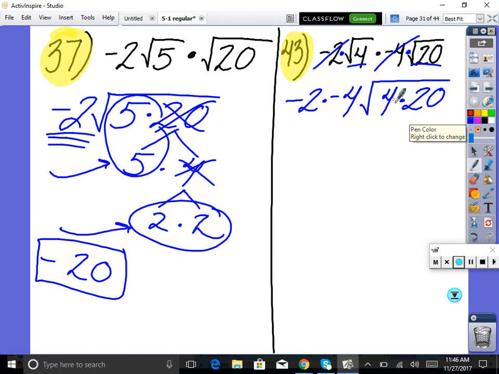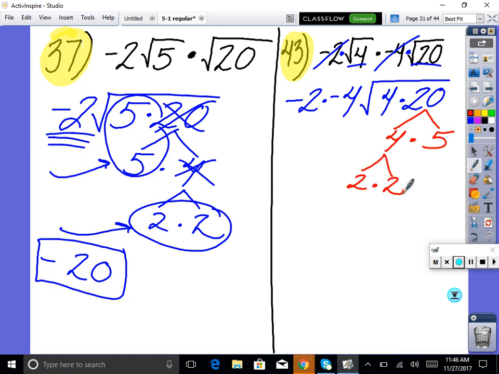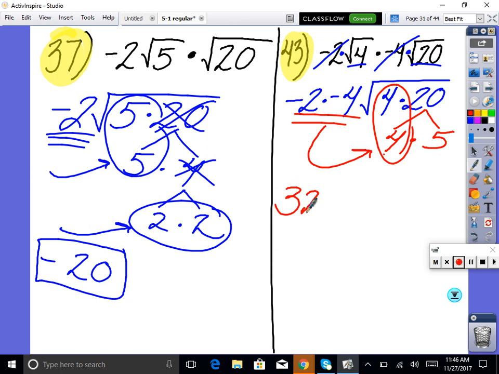Now, it would be unnecessary to actually do 4 times 20, but we could break 20 down into 4 times 5. 4 breaks down into 2 times 2, am I right? Oh, let's not do that, though. Only because we have 2 4s. Now, careful, isn't this 8? 8 times 4 is 32. What was left? Root 5. Very good. Are we going too fast?